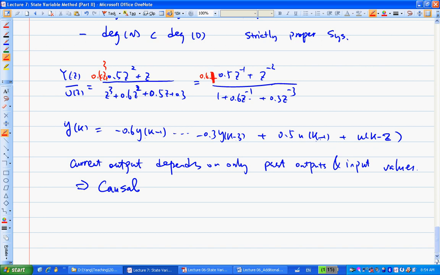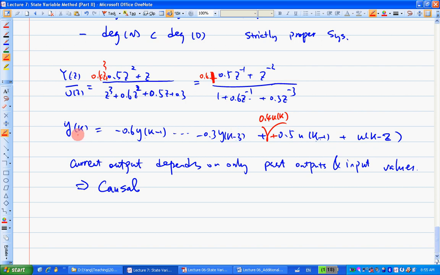If I added a 0.4 here, then what am I going to get? I will get 0.4 what? u of k. So when I add it here, according to my definition, this is a so-called proper, not strictly proper system. And from the difference equation point of view, this is what it looks like.